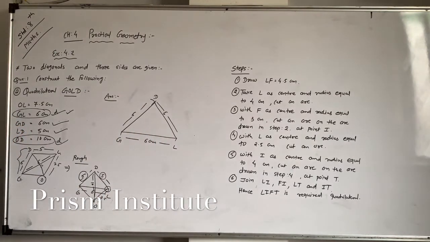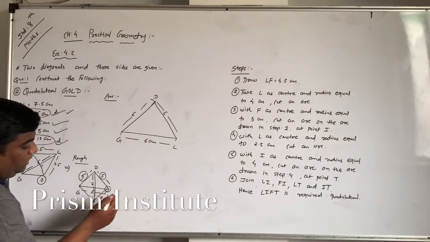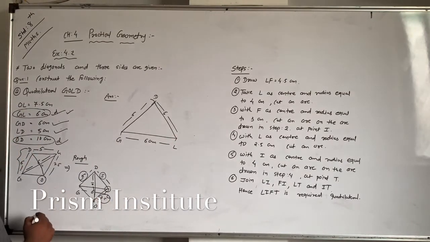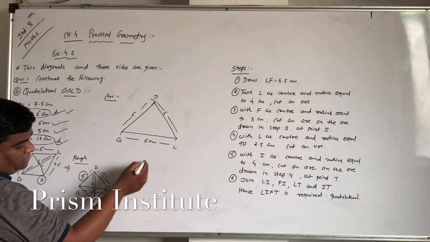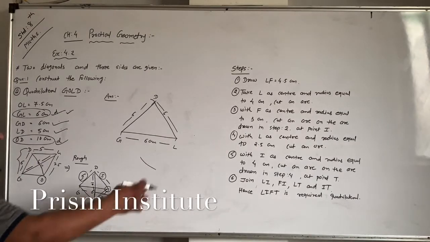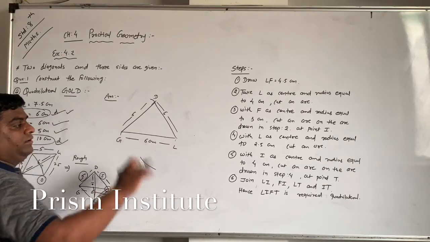Now just see, here O is on the opposite side of D. So take L as a center and draw an arc of 7.5 centimeter radius. Suppose the 7.5 centimeter radius arc is here. Okay. Take L as a center and measurement of 7.5 centimeter, draw an arc.